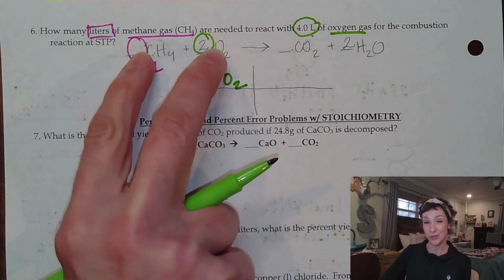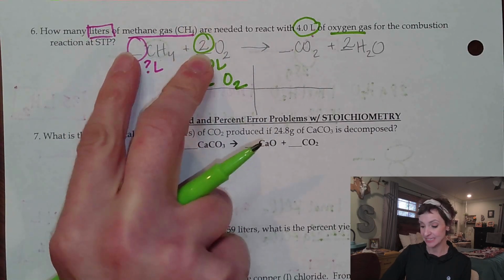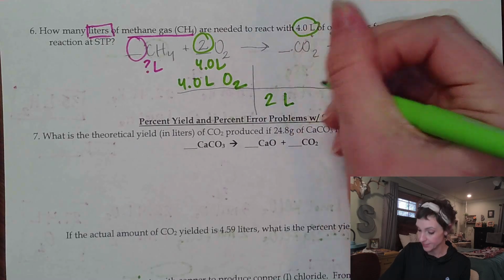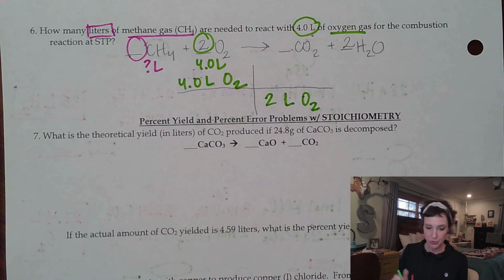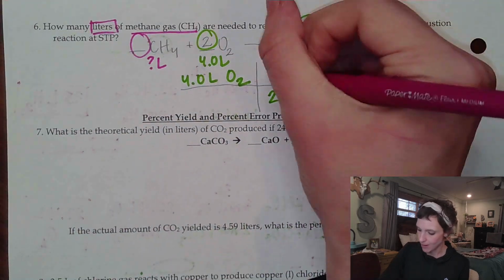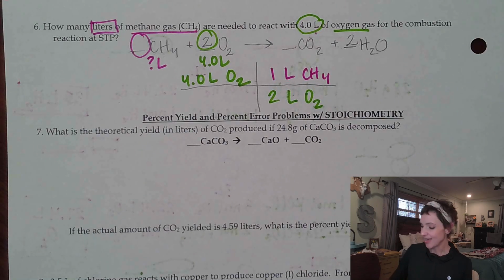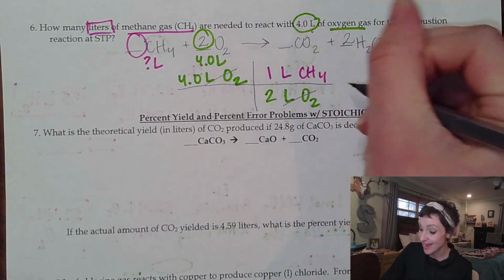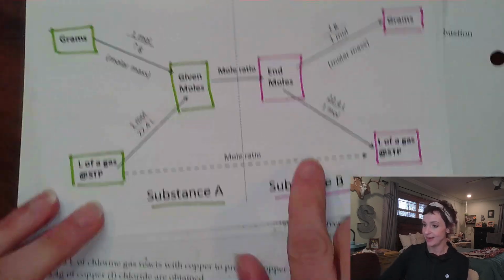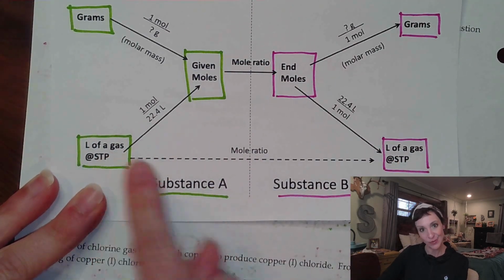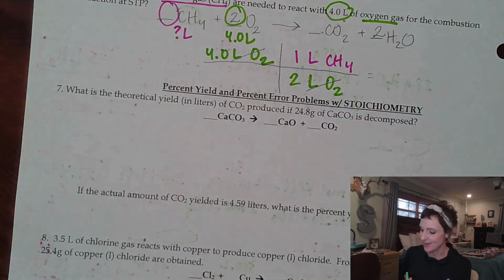The mole ratio, the volume ratio between these two substances is 2 liters of O2 to every 1 liter of methane. I have canceled out. I am now at my liters of methane. I have made it all the way over here with only 1 step. Okay, so now I'm ready.